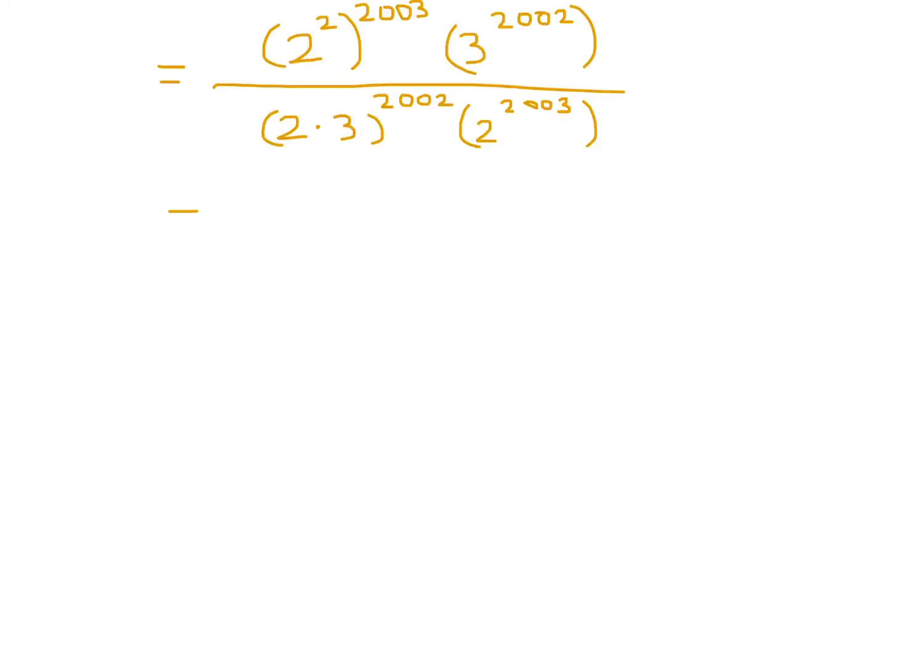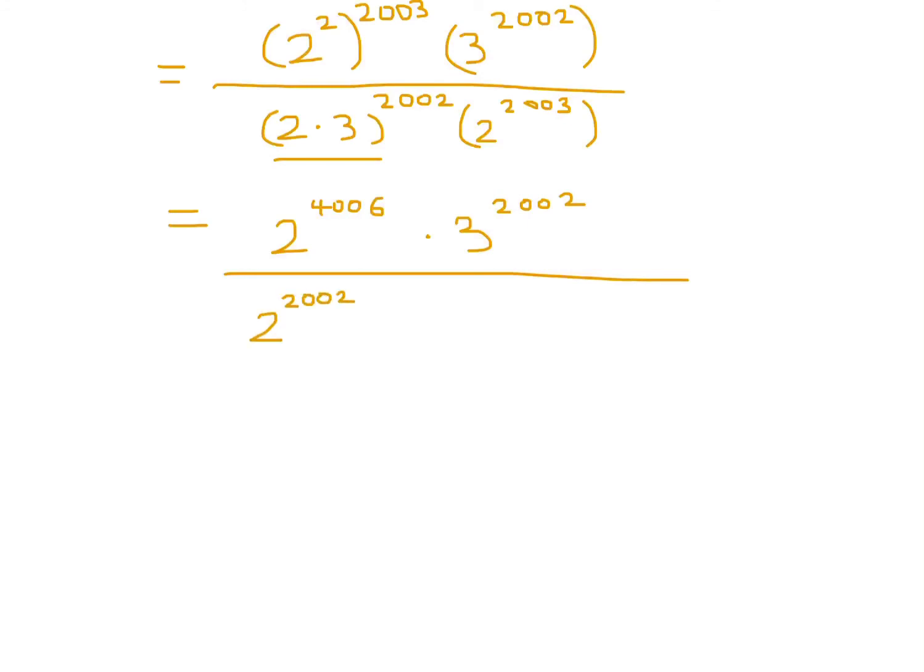Okay, so we modified it a little bit. That becomes 2 to the power, you multiply them, 4006, 3 to the power of 2002. And then this one can be broken up into 2 to the power of 2002 times 3 to the power of 2002 times 2 to the power of 2003, like that. And then this cancels with this guy.